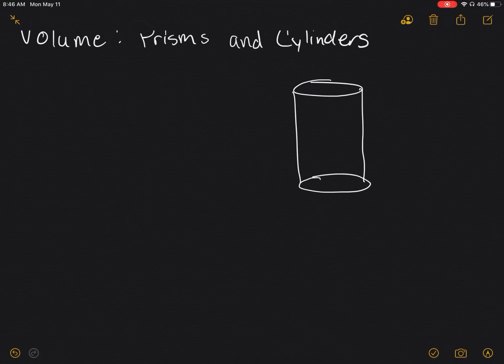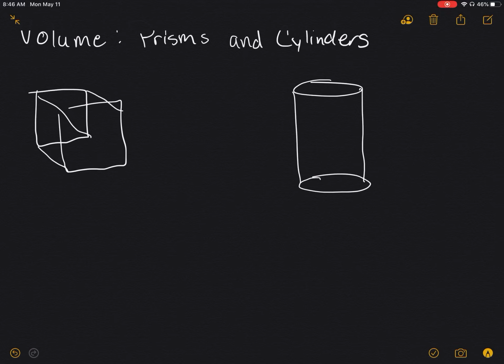So if you guys have ever drawn a cube before, where you do the two squares, right? And then you connect the corners, that's a prism. We could also have a triangle, right?